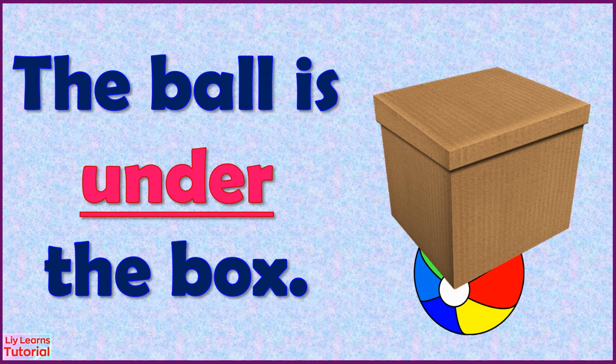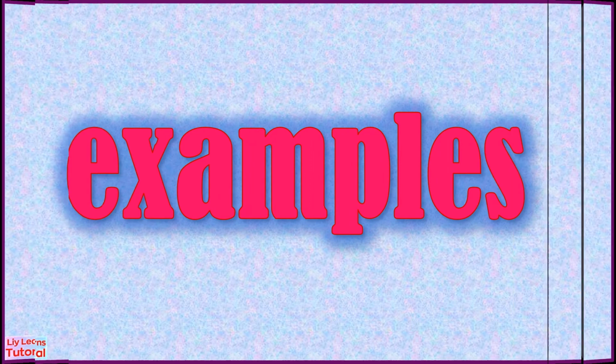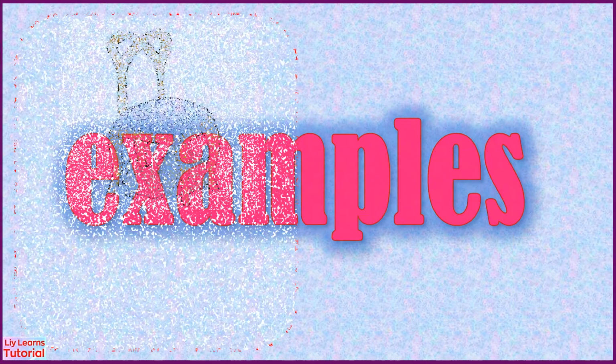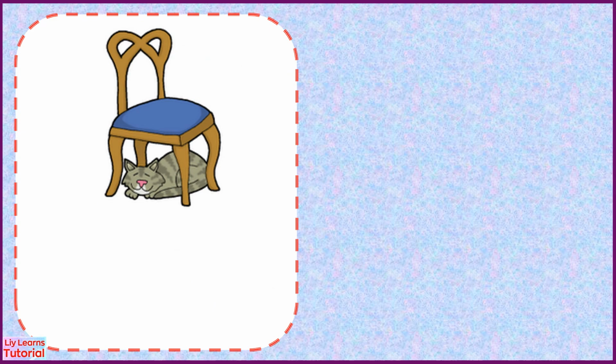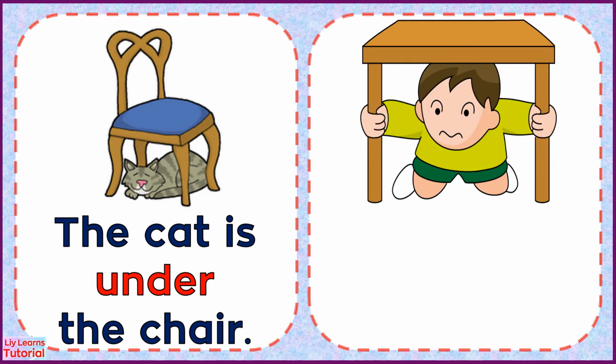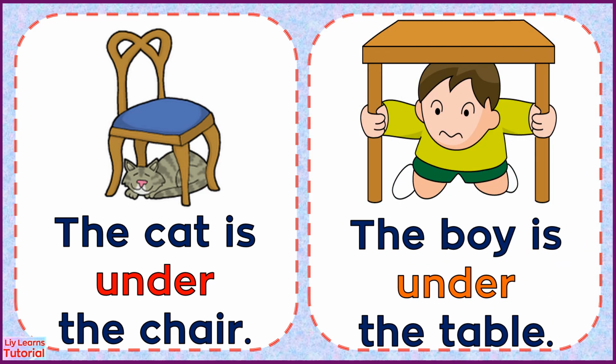The ball is under the box. Let's take some more examples. The cat is under the chair. The boy is under the table.